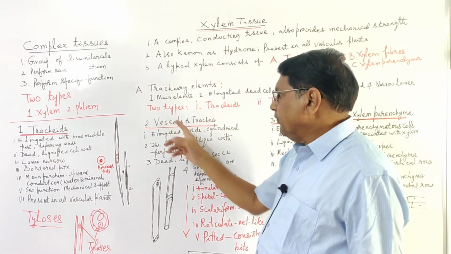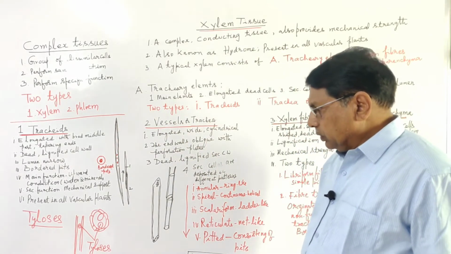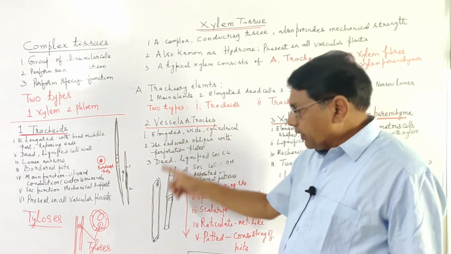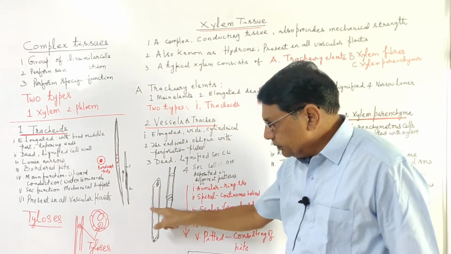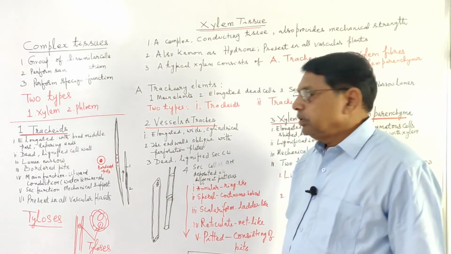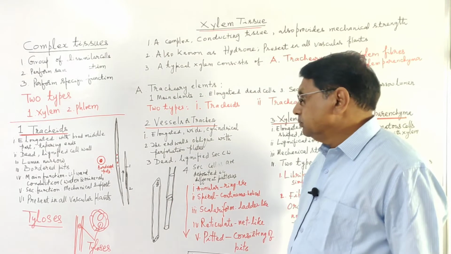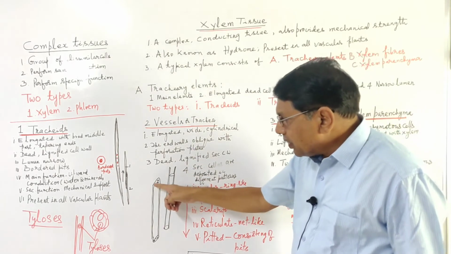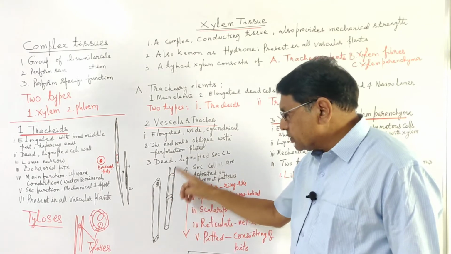If you take the vessels or trachea, so these are elongated, wide, look at here, wide, cylindrical, not pointed. End walls are oblique. This is end wall, this is end wall. These are end walls.